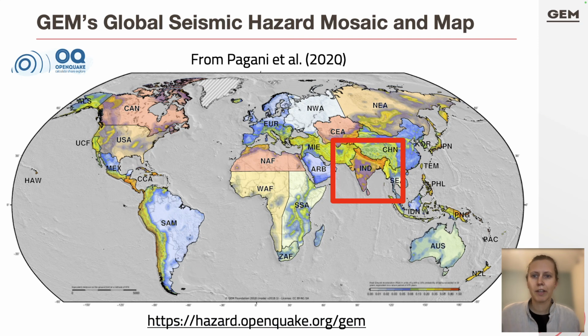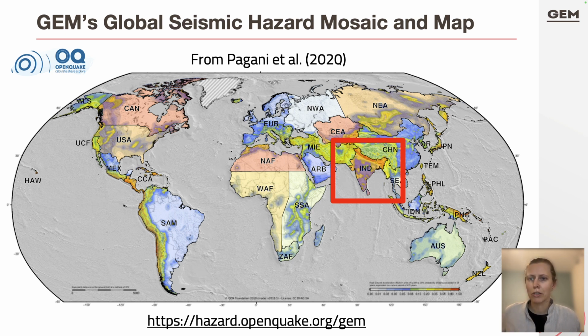I'll briefly introduce what that is, since I'll refer to it a few times throughout this presentation. GEM maintains a database of hazard models that are all developed in the same format, the OpenQuake Engine format. This is a map showing the different models and the domains that they cover.